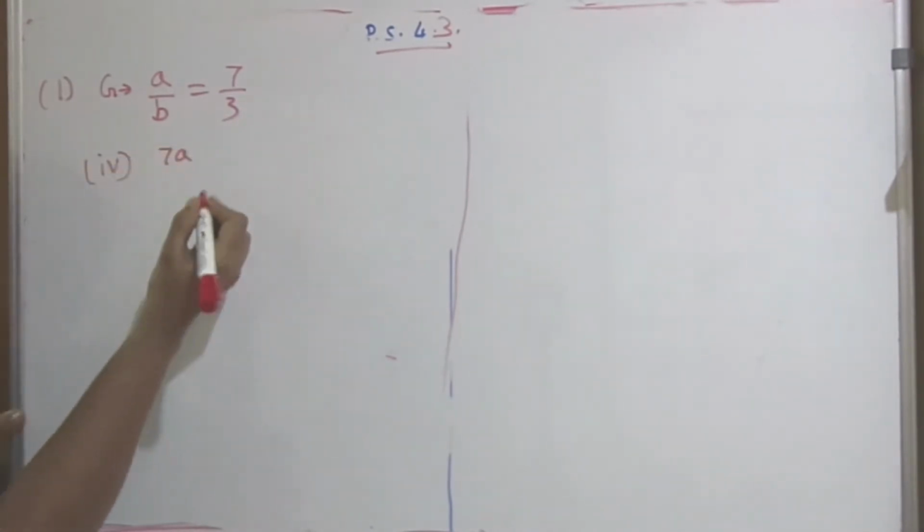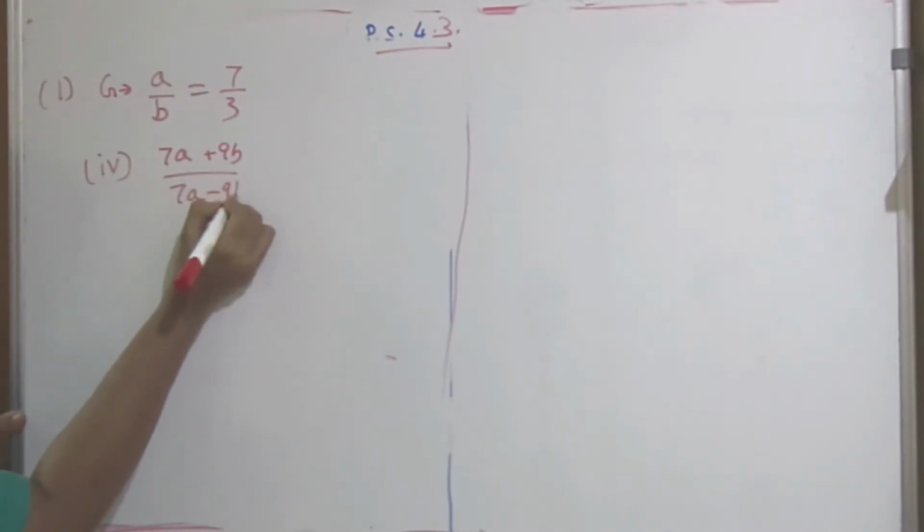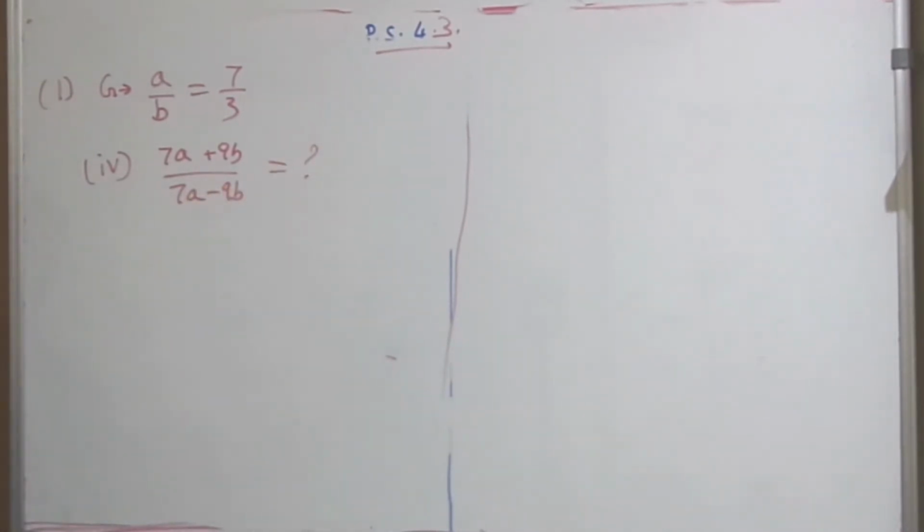7A plus 9B upon 7A minus 9B is equal to question mark. Okay, so let us see how to do this.